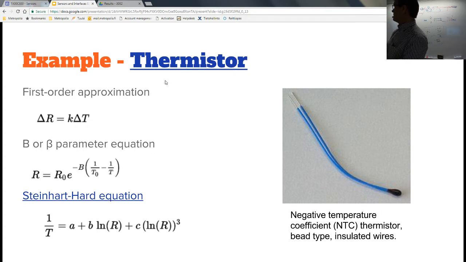So for a certain change in temperature, the resistor changes a certain amount. And K is basically just the calibration coefficient, one single coefficient. And negative meaning that K is negative. So for a positive temperature change, the resistance goes down.